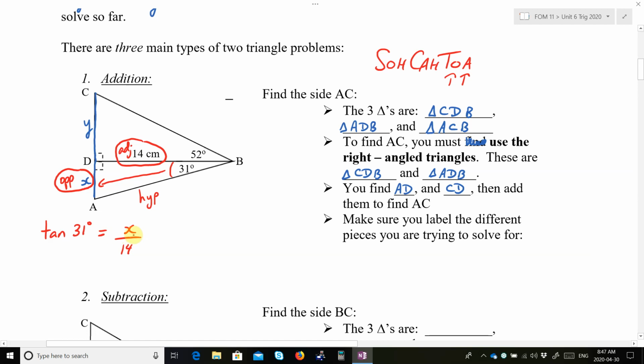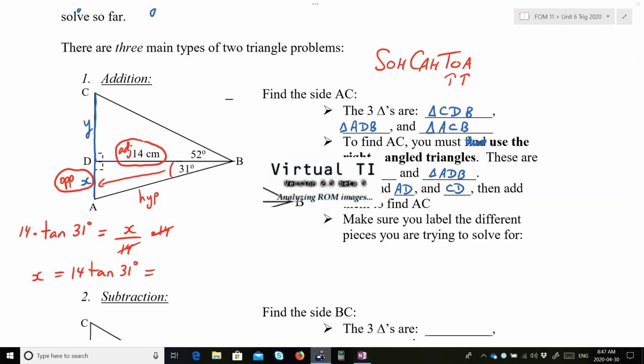Okay, and remember the way to solve this, since x is being divided by 14, we would simply multiply both sides by 14. That cancels, so now x is by itself. X is equal to 14 times tan 31. Let's get out our virtual TI.